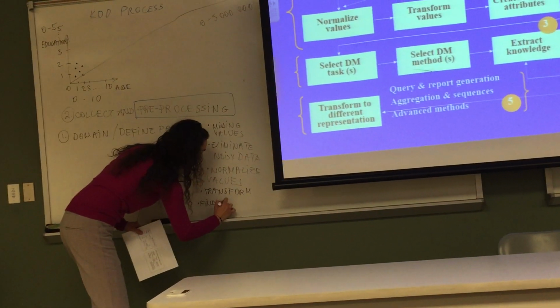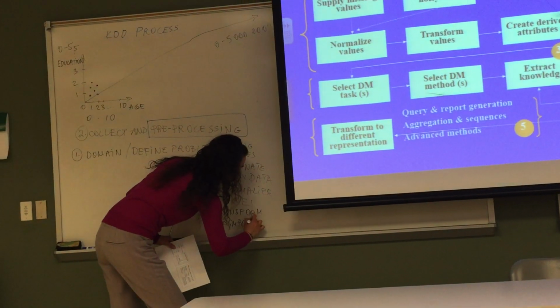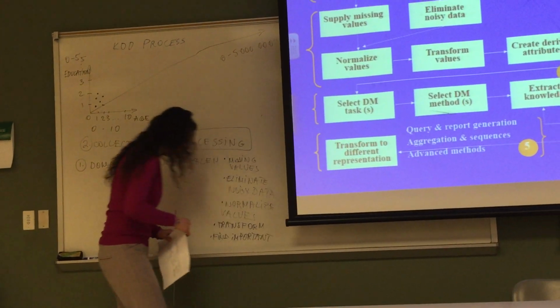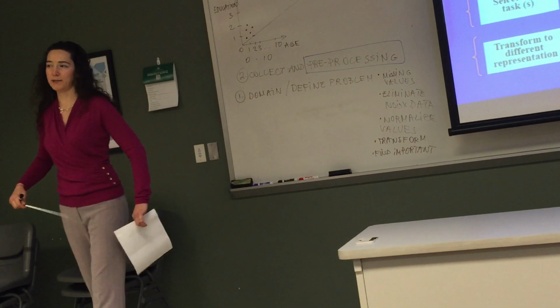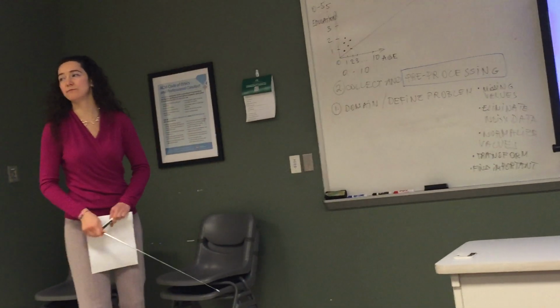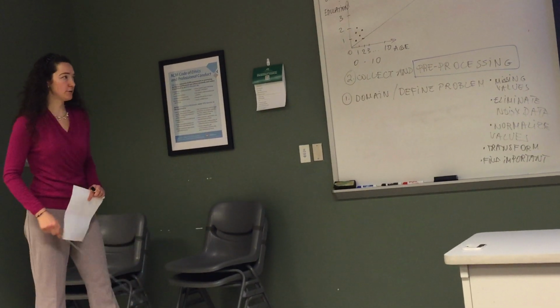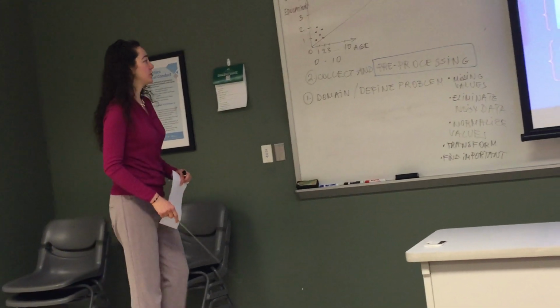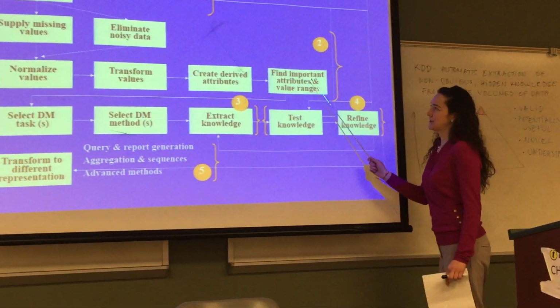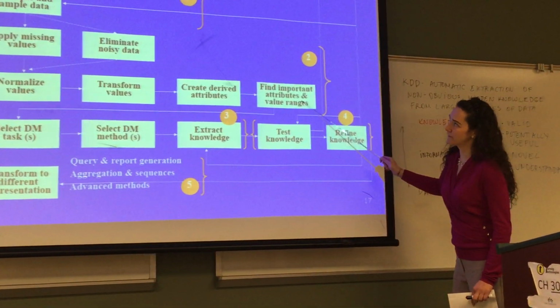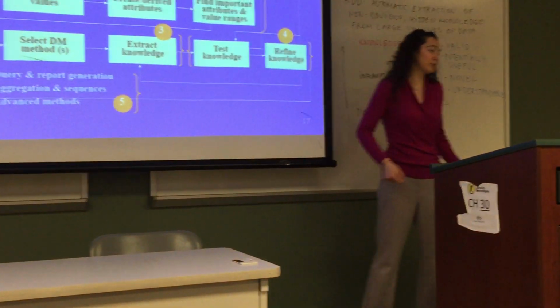Because if we find the important attributes, then we can remove the ones that are not important, and that will help us because it will decrease the amount of data that we have to go through, and it might improve the results for the algorithms that we use. So find the important ones and stick with them and get rid of everything else. That's part of the pre-processing.